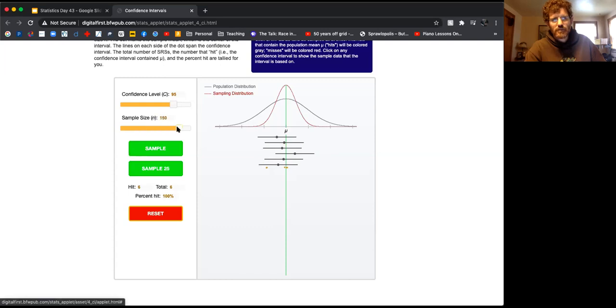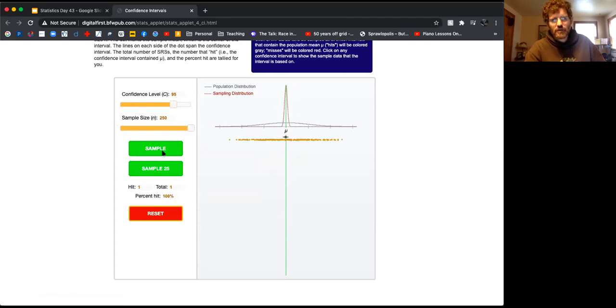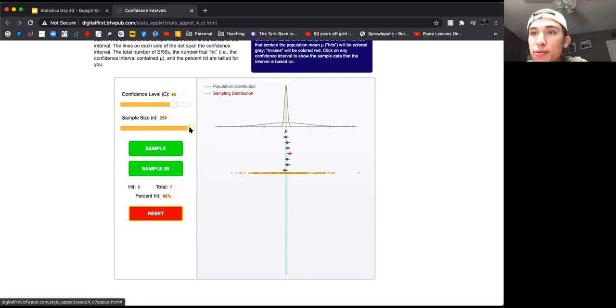Now I'm going to change this up to the biggest sample size we can get, which is 250, the biggest in this app. Now I'm going to sample here. And what are we seeing? The confidence range is short.